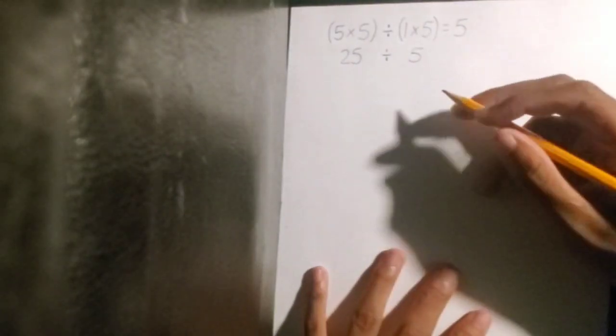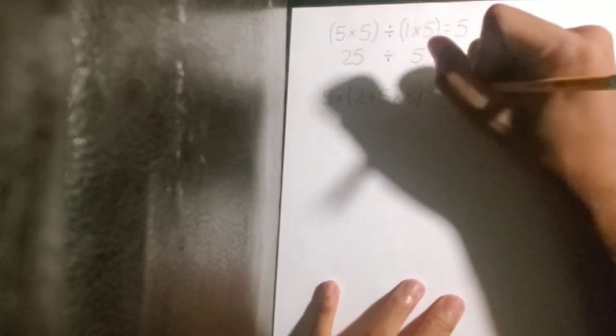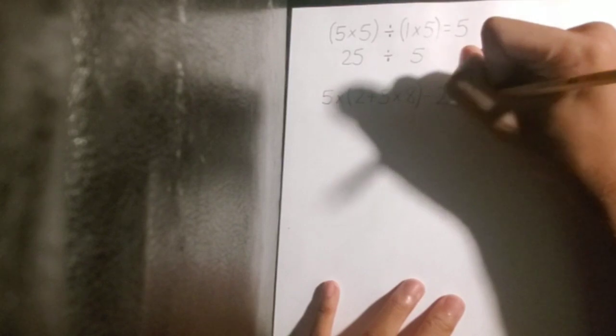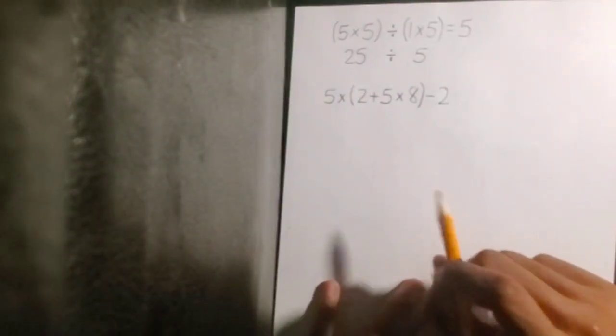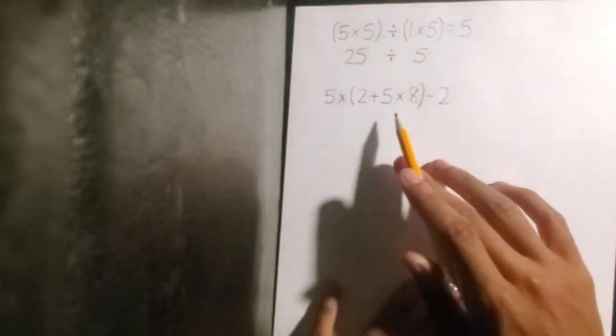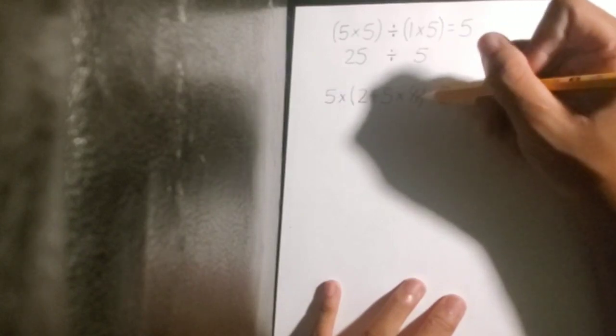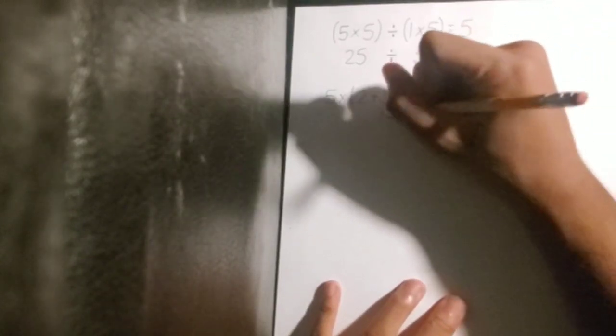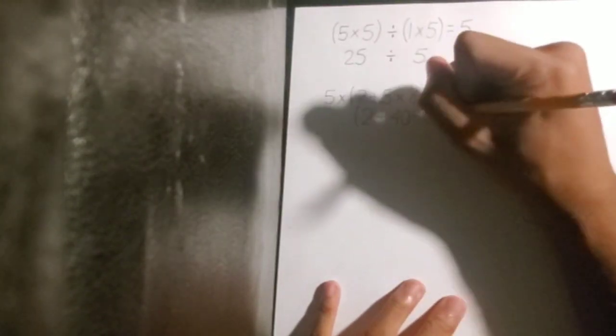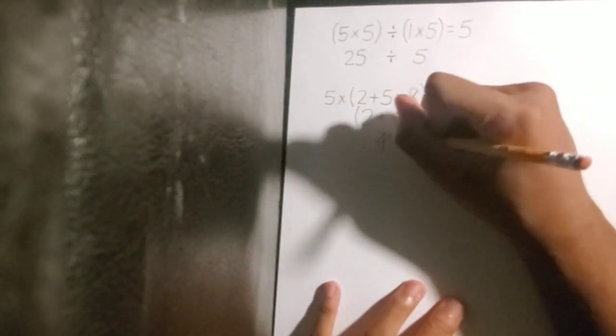Okay, now, here's another one I'm gonna do. We have parentheses, right? So we have to solve in the parentheses. 5 times 8 equals 40, and then plus 2 equals 42.